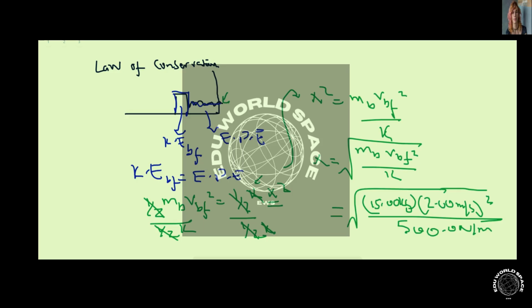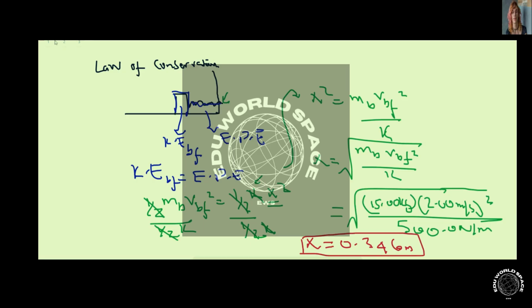Then close that. It's giving us that: 15 times 2 squared divided by 500. And that gives us 0.346. That's the distance, x is 0.346 meters.